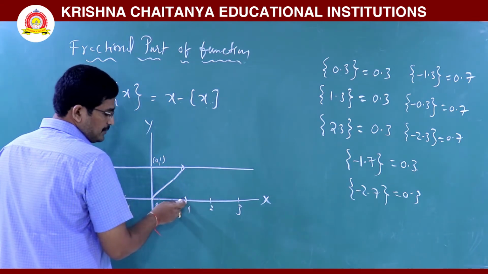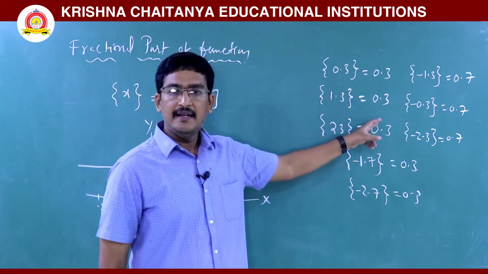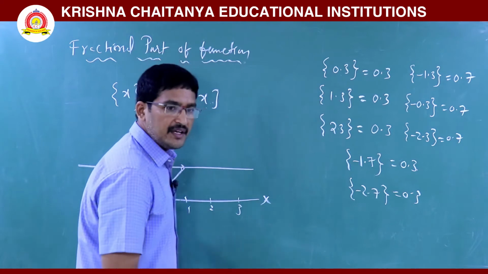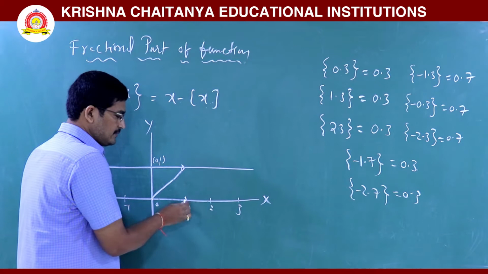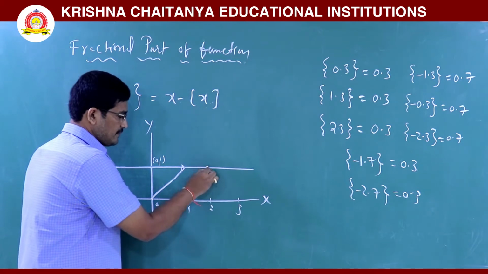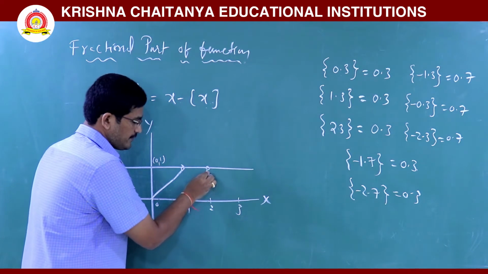What about the fractional part of 1.1? 0.1. Of 1.3? 0.3. Of 1.5? 0.5. Of 1.9? 0.9. So the line moves up to here.